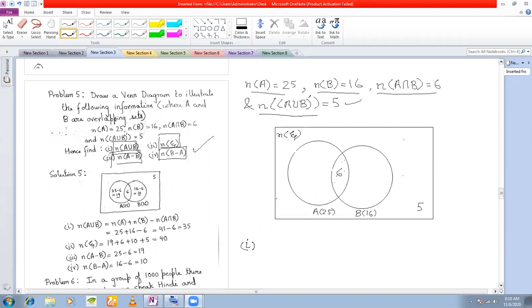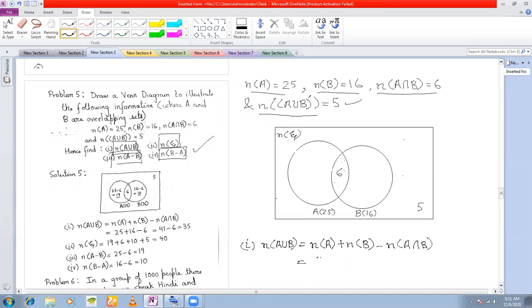From the cardinality theorem, do you remember it? Cardinality of A union B is cardinality of A plus cardinality of B minus cardinality of A intersection B.